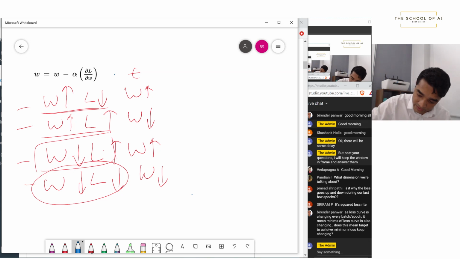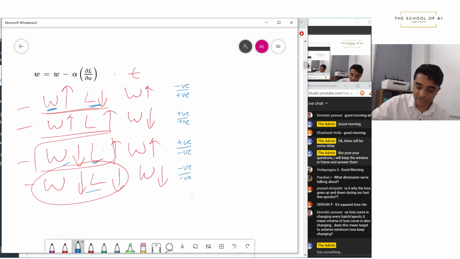So we have negative divided by positive, right? Here we have positive divided by positive. Here we have positive divided by negative, and here we have negative divided by negative. So let's solve this. This becomes negative, this becomes positive, this becomes negative, this becomes positive.